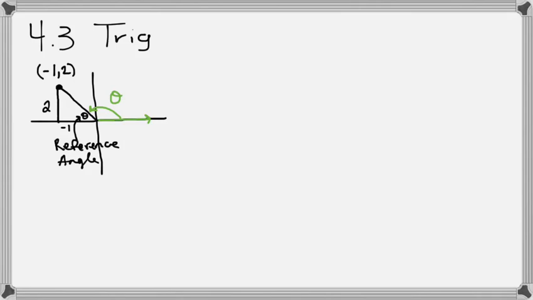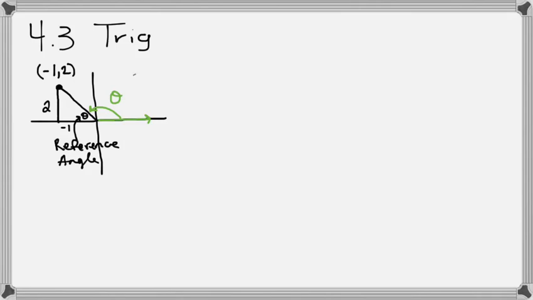Listen to me very carefully. A reference angle is always generated towards the x-axis; you always draw your triangle towards the x-axis. So if it's down here, you draw it back up. If it's over in the 4th quadrant, you draw it back up. First quadrant, you draw it down to the x-axis. You always draw it towards the x-axis, never the y. So how do we find the hypotenuse?